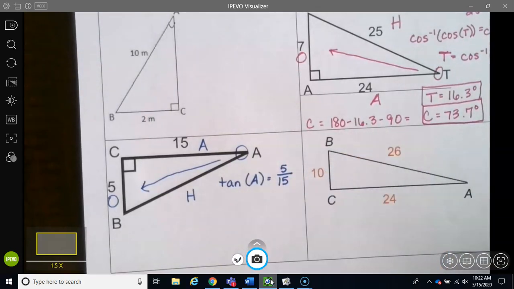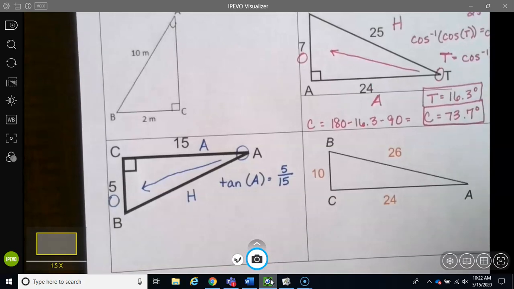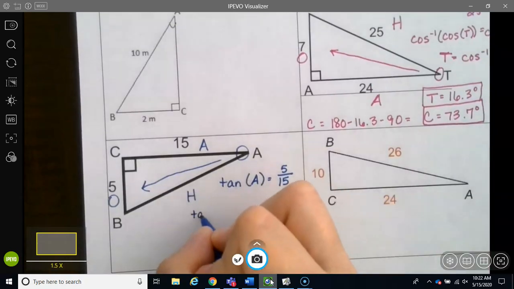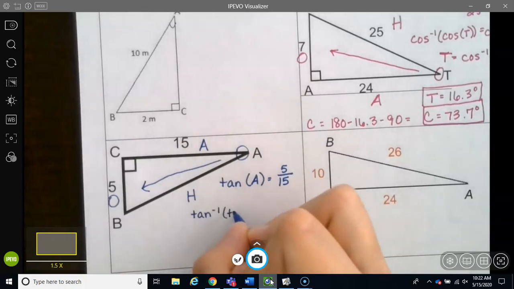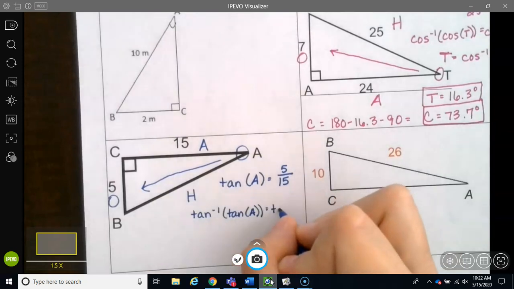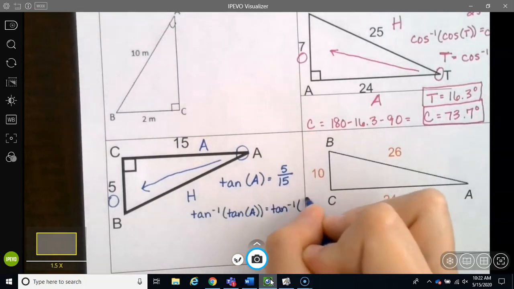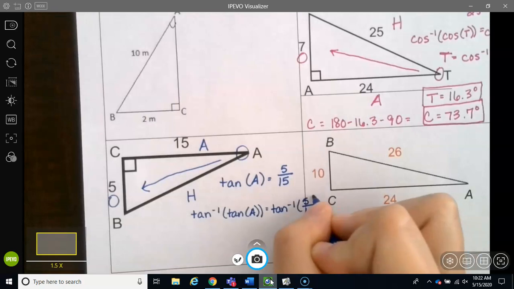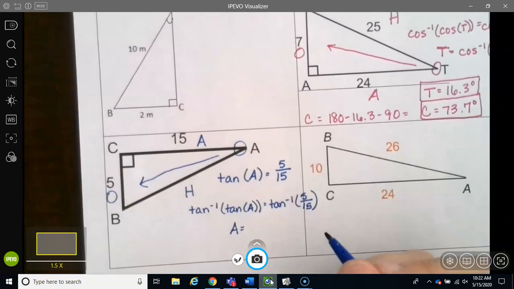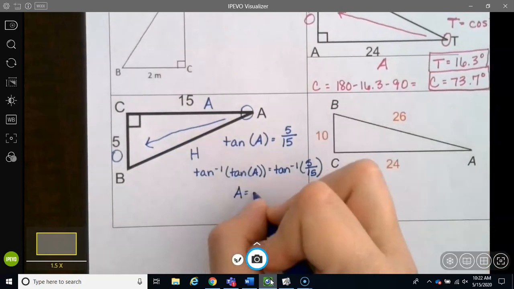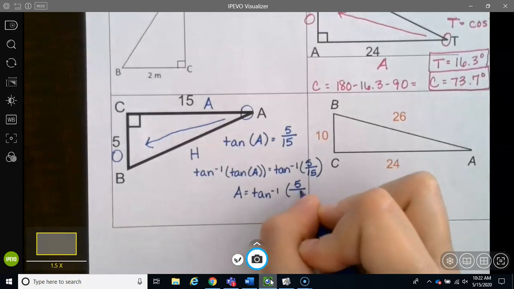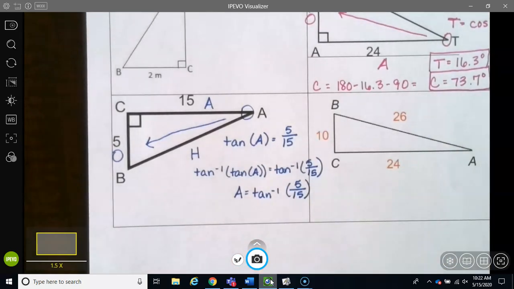Now that we have our trig function set up, we just got to solve for A. To get A by itself, we got to get rid of the tangent, so we do tangent inverse. So that tangent inverse gets rid of my tangent, so I'm left with A is equal to the tangent inverse of 5/15. So that's what we'll type into our calculator.